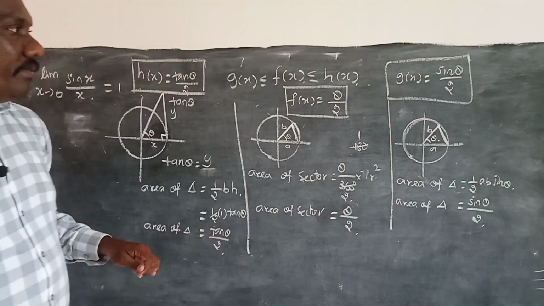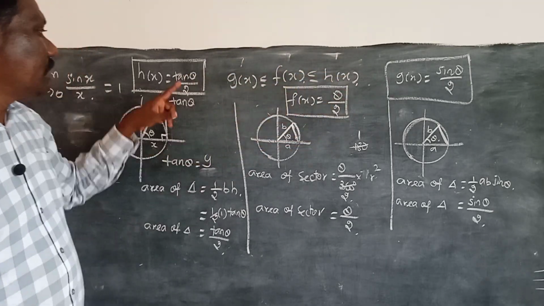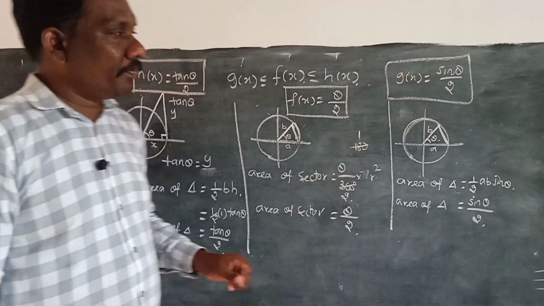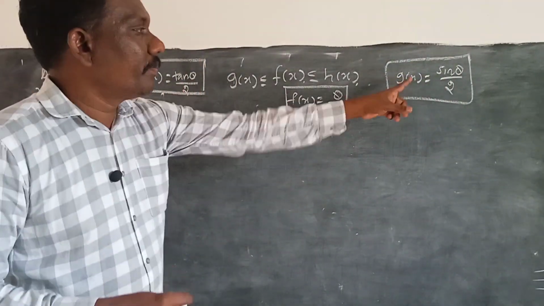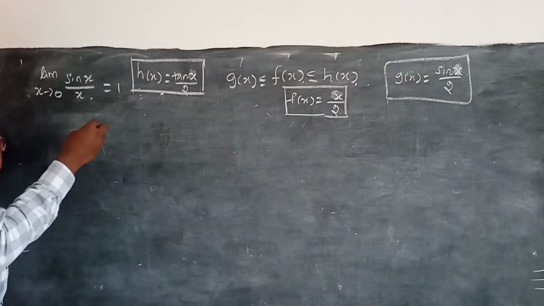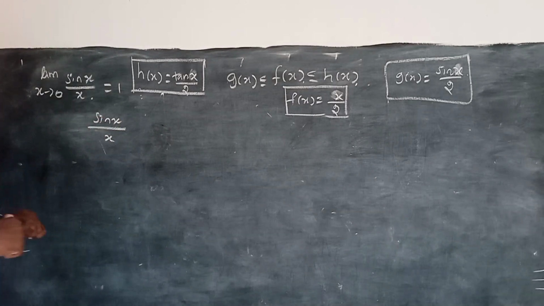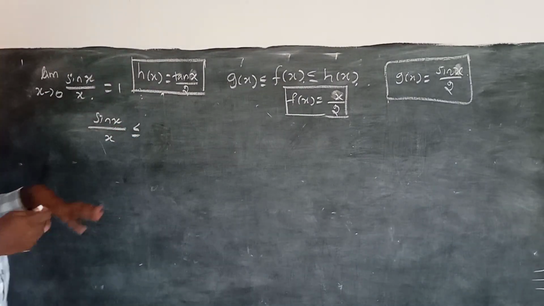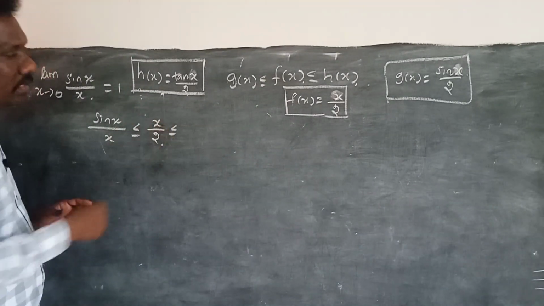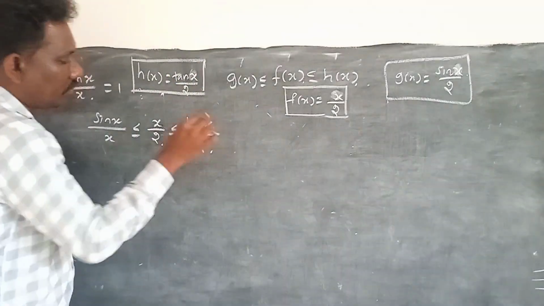Now I have defined all the functions in the inequalities. h of x is tan theta divided by 2, f of x is theta by 2, g of x is sin theta by 2. Now let's plug g of x, h of x, f of x into the inequalities. My g of x here is sin x over 2, which is less than or equal to my f of x, which is x over 2, which is less than or equal to my h of x, which is tan x over 2.